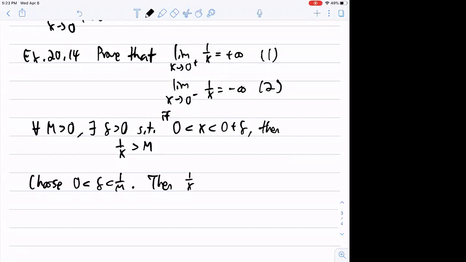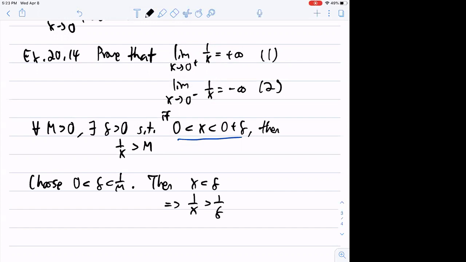So then what? Let me write two things. So if this is true, we have that x from here, let me just underline it. From the blue underline, x is less than delta, right? So what can I say about 1 over x? 1 over x is bigger than 1 over delta, right?